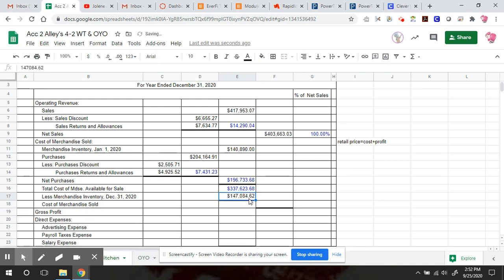Okay, so that's what we haven't sold for this year. You have to cut it off at some point, so December 31st is when you cut it off, and that'll be the beginning inventory for the very next year.